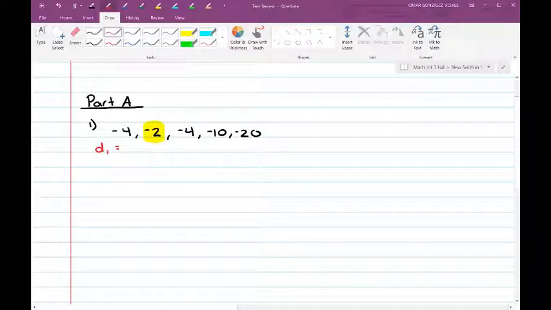How do we get from -4 to -2? +2. And then from -2 to -4? -2. And from -4 to -10? -6 and -10, right? Okay, and then the next one.